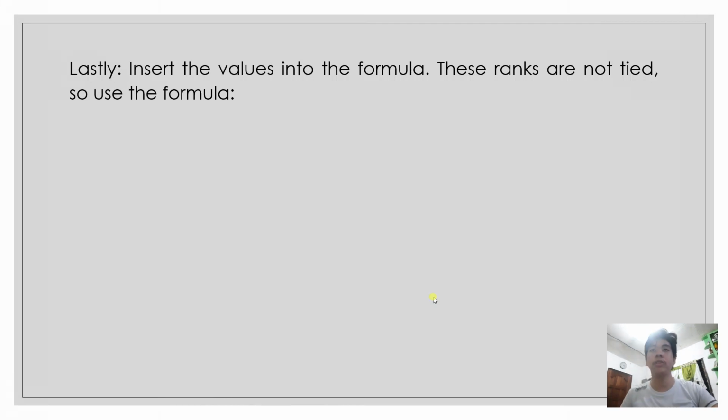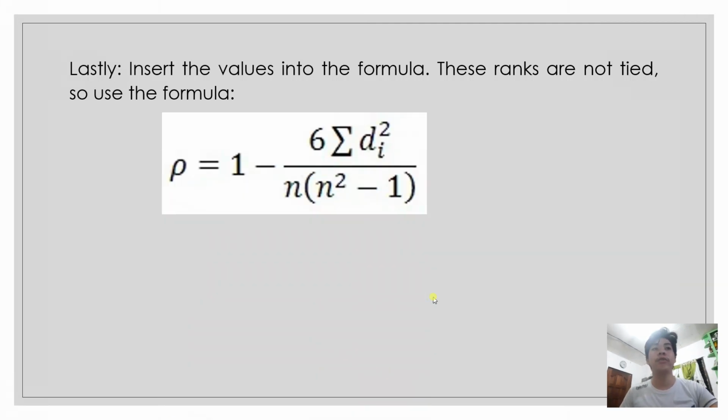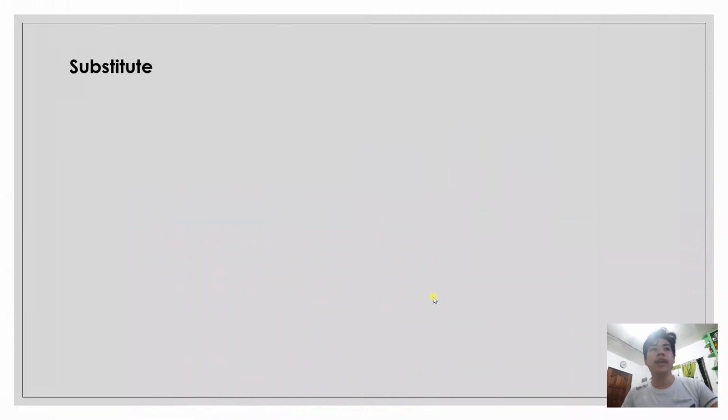These ranks are not tied, so use the formula. The formula here again is rho equals 1 minus 6 times the sum of d squared over n times n squared minus 1. Then substitute: rho is equal to 1 minus 6 times 12 over 9 times 9 squared minus 1. 9 squared is equal to 81, minus 1.